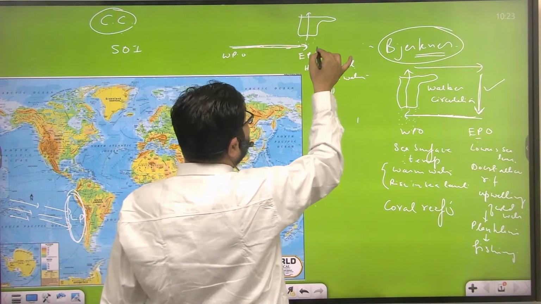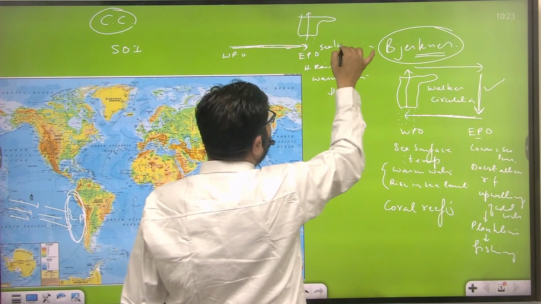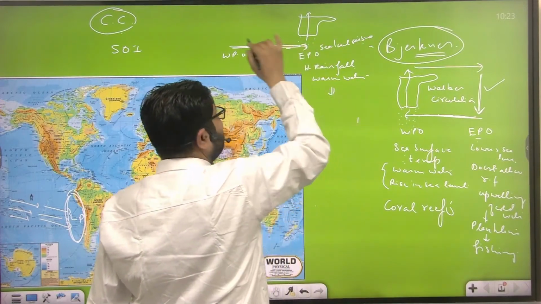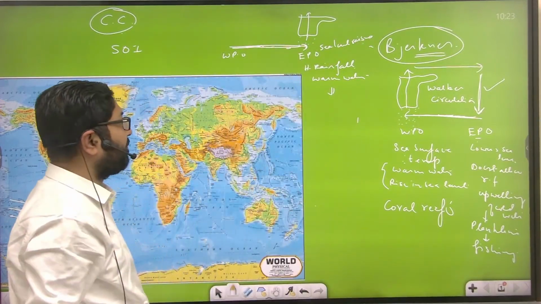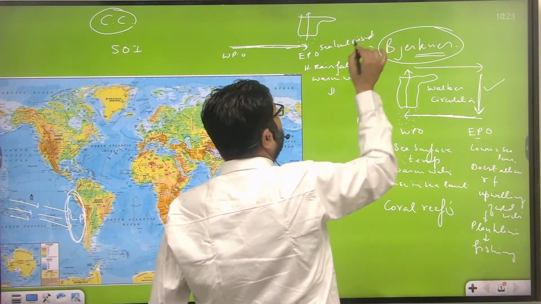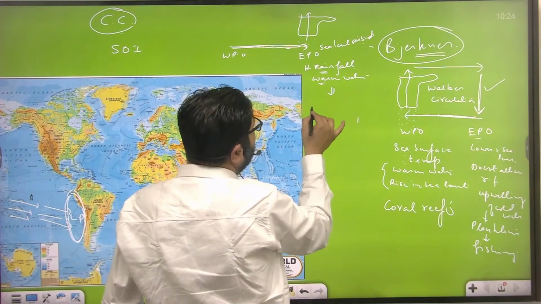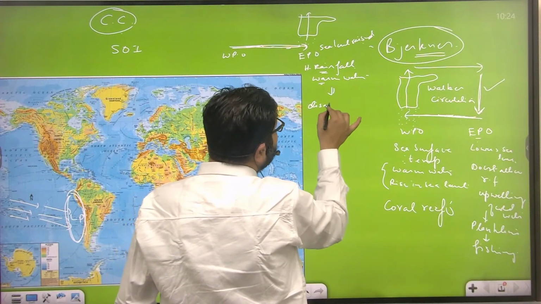Sea level in the eastern part of Pacific Ocean is raised because of piling up of water. All have impact. Heavy rainfall, warm water.